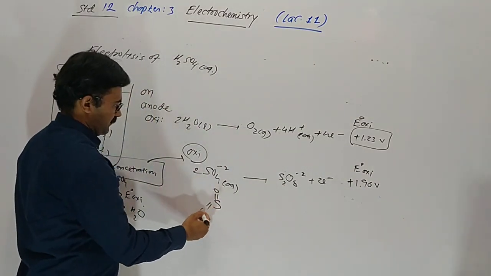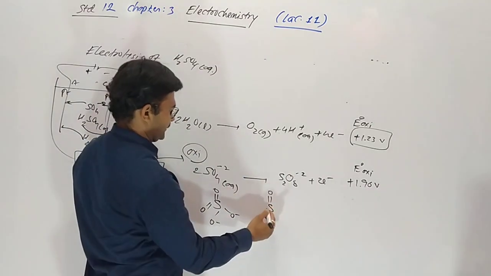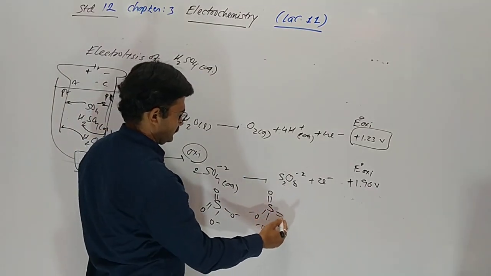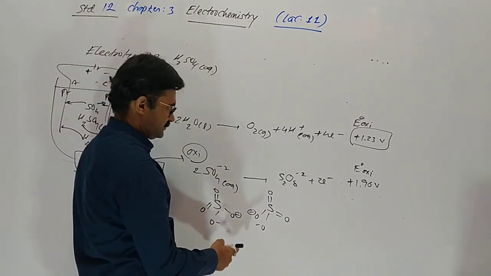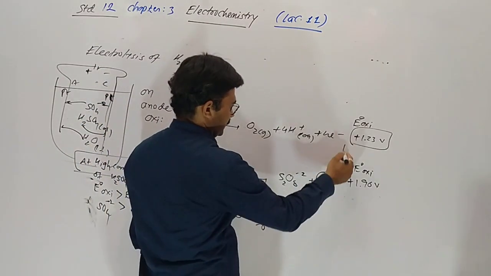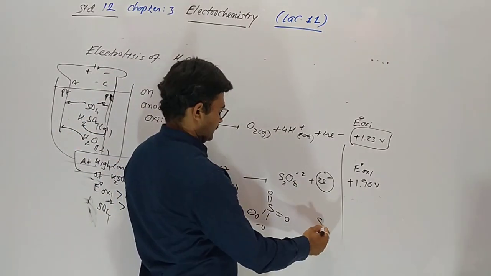Sulfate SO4, another sulfate, both release 1 electron. So removal of 2 electrons and both combine with each other.